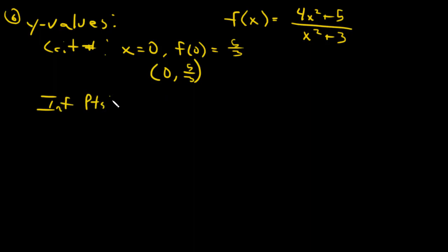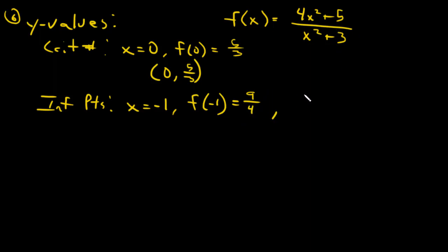Okay? Now, I want to move to my inflection points. The first one was x equals -1. And so f of -1, where is it located in the y? Well, when I put the -1 in, it's going to square, become +1, so 4 times 1 is 4, plus 5 is 9 over 4.